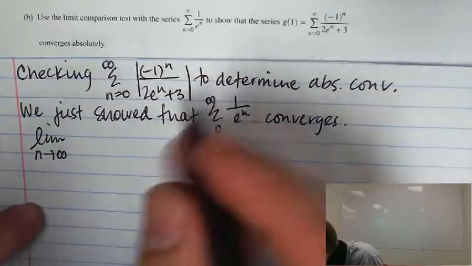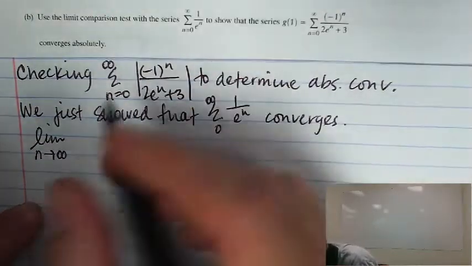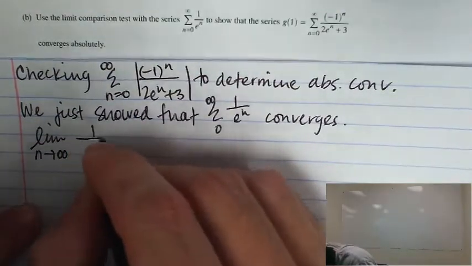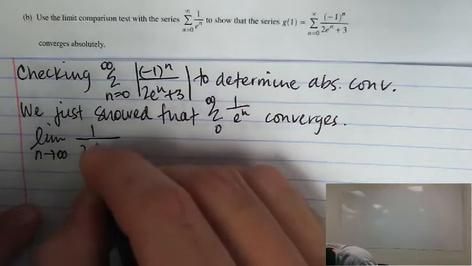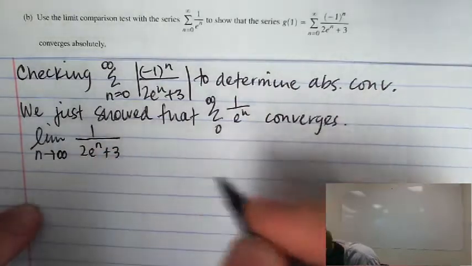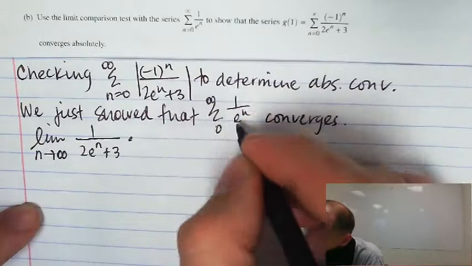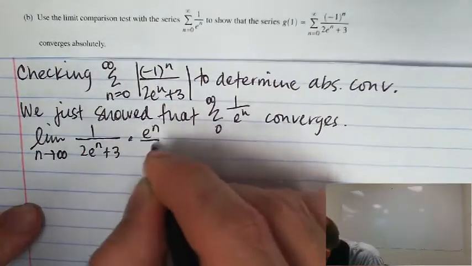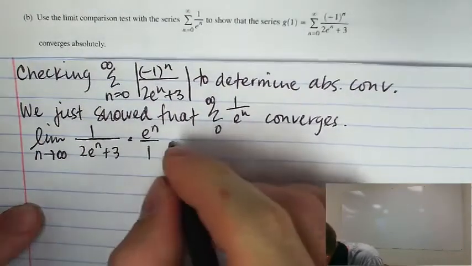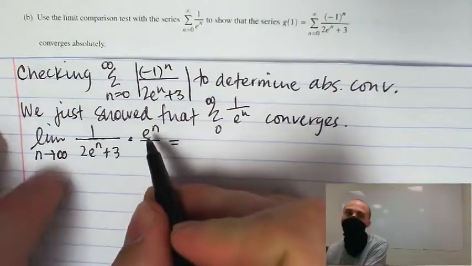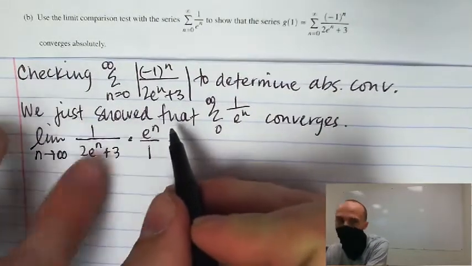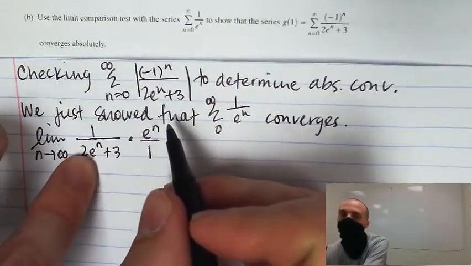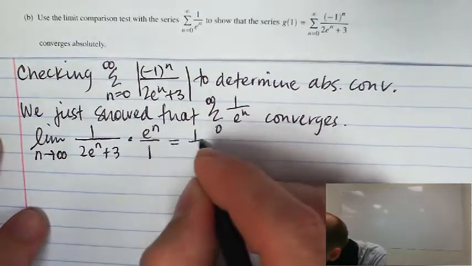So the limit as n goes to infinity of this thing's absolute value, so 1 over 2e to the n plus 3 divided by 1 over e to the n, so that's multiplied by e to the n over 1. That limit is equal to 1/2, right? Because the biggest thing I see on top is 1 e to the n, and the biggest thing I see on bottom is 2 e to the n. That limit is 1/2.